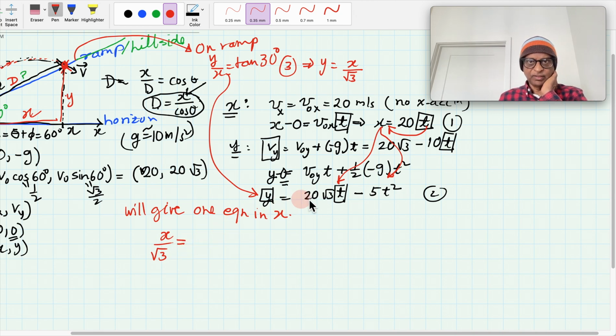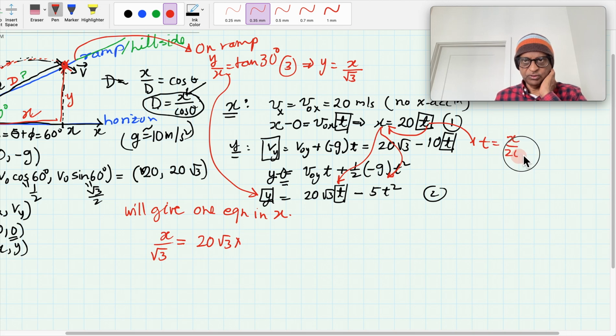and then 20 square root of 3, and this just means t equals x over 20. So this is x over 20. So this 20 cancels out. Minus 5 x over 20 squared.